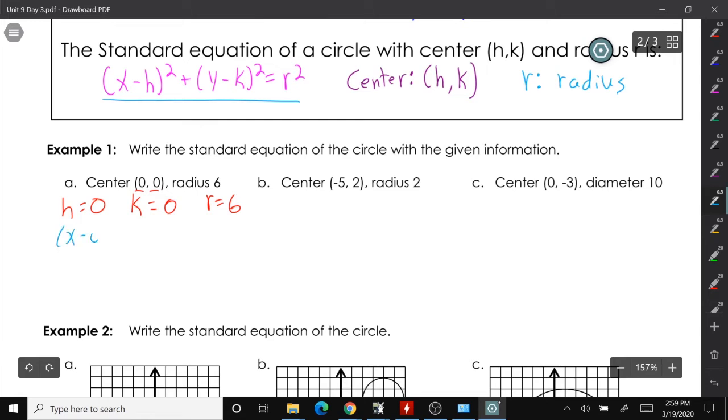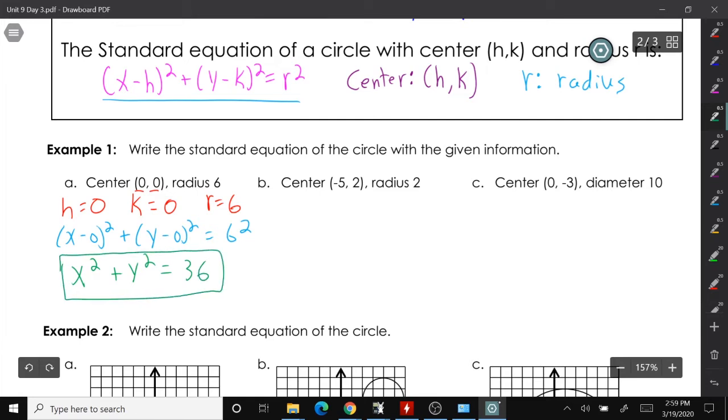So x minus 0 squared plus y minus 0 squared equals 6 squared. x minus 0 is just x. So we get x squared plus y squared equals 6 squared is 36. And that is it. We don't do anything further.